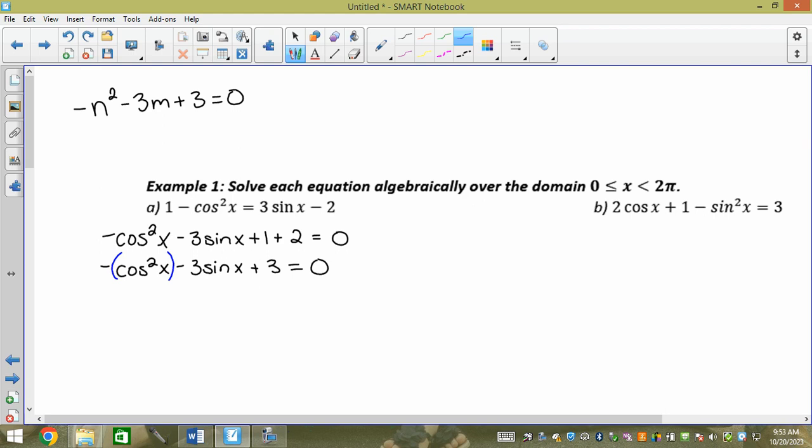So what formula on my formula sheet, or on that front page, can I replace cos squared with that will get me sine squared? 1 minus sine squared. So there is that Pythagorean identity, sine squared x plus cos squared x equals 1. And I want to replace cos squared x, so I'm going to say cos squared x equals 1 minus sine squared x.